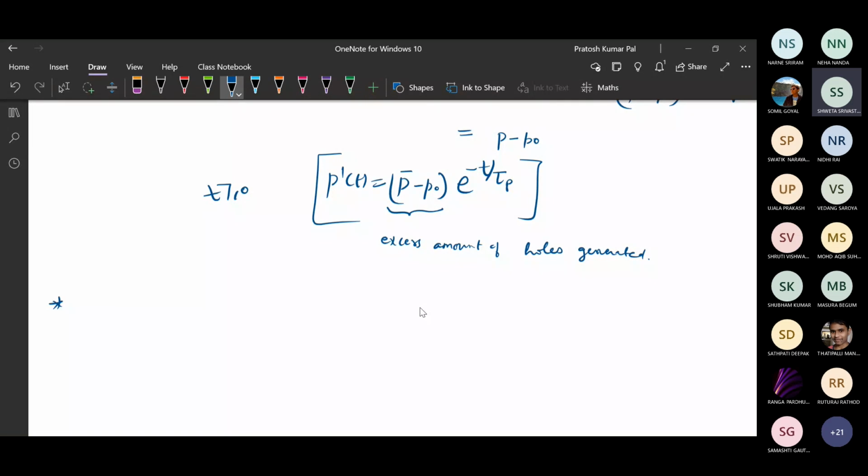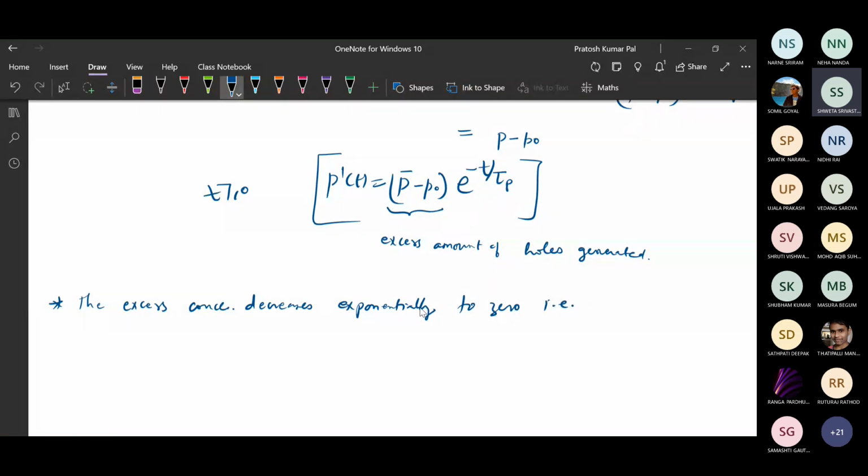Okay, so we can just write the excess concentration decreases exponentially to zero. That means the excess concentration is going to decrease to zero.